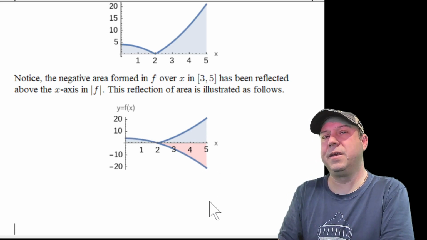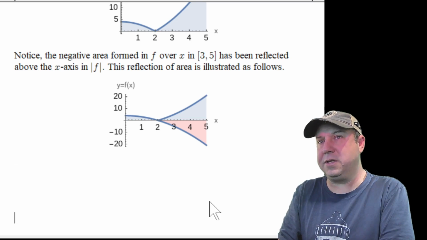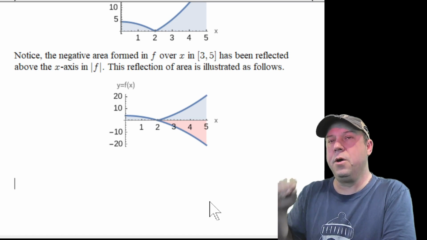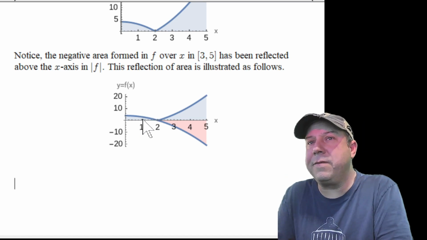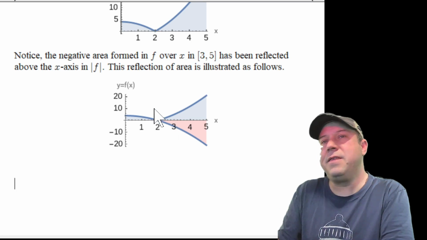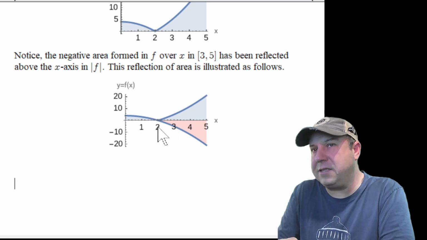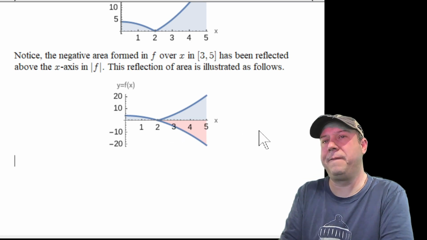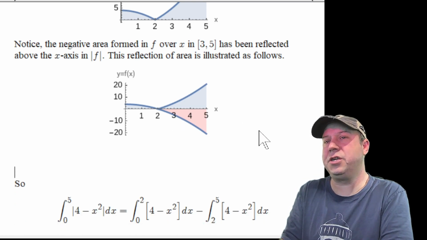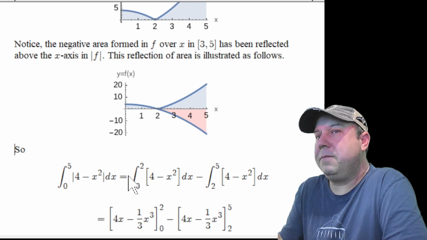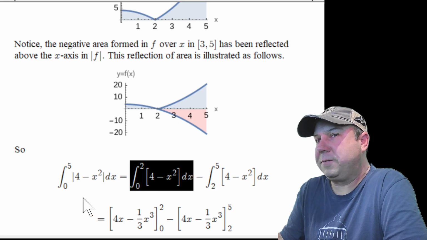All right. So what we have to do in this case is break it into 2 integrals. One that calculates the area for the positive space that happens from 0 to 2, and then the other integral that calculates the case for the negative space from 2 to 5 in our calculation. And we have to find the difference of those two definite integrals.